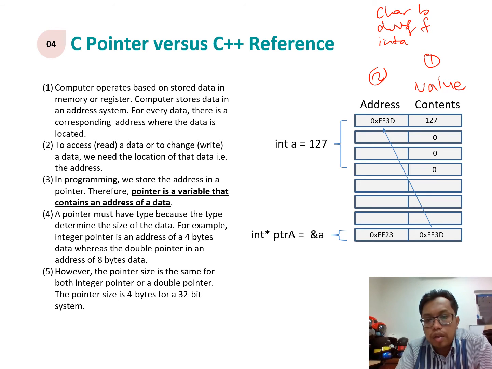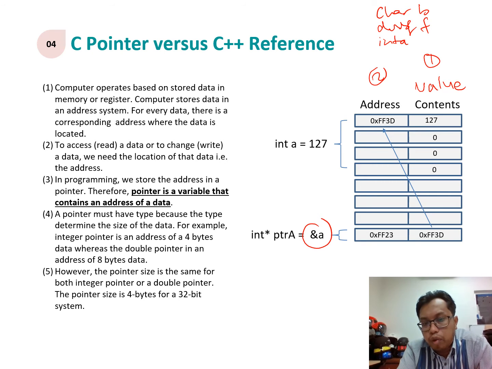In this example, for integer pointer a, we want to store the information. The value for pointer a is the address of a, because we use what we call the reference, where we acquire the address of the integer a. So the pointer still contains an address, but the value, instead of a normal value, is an address value.